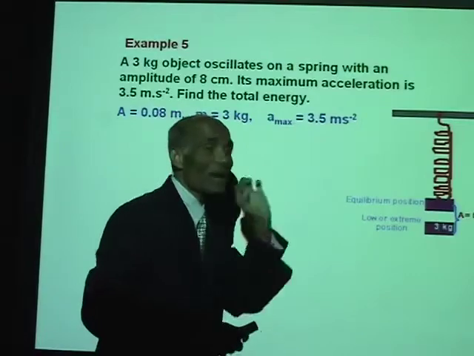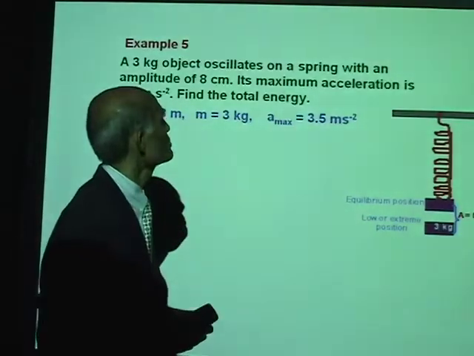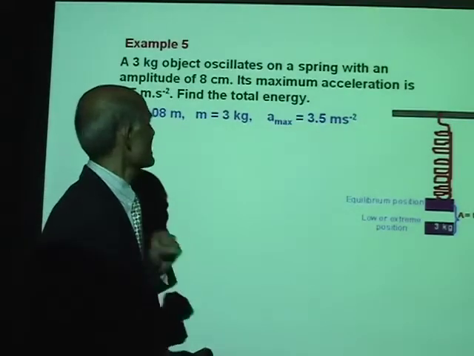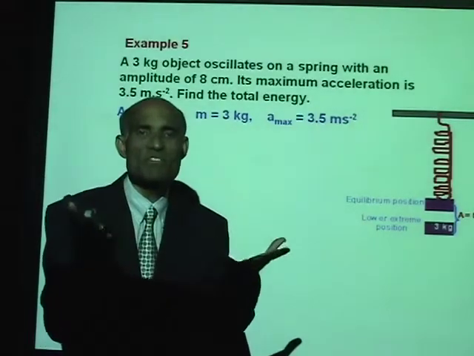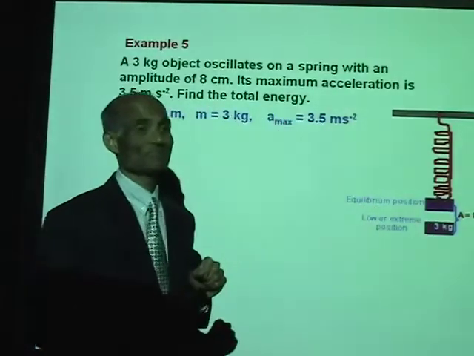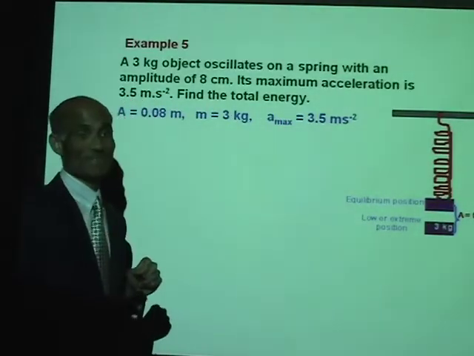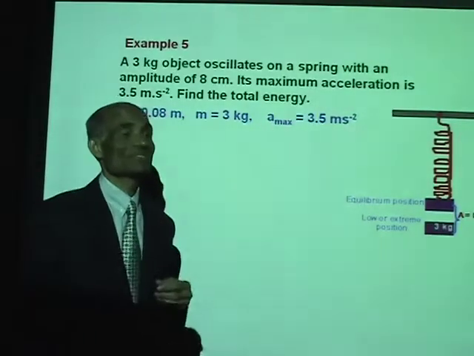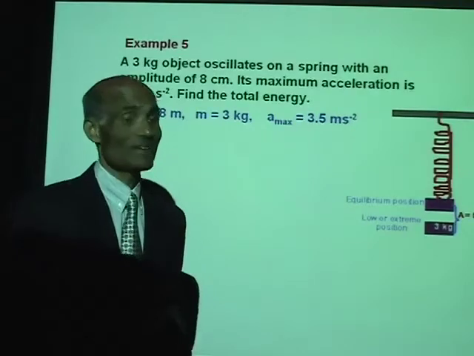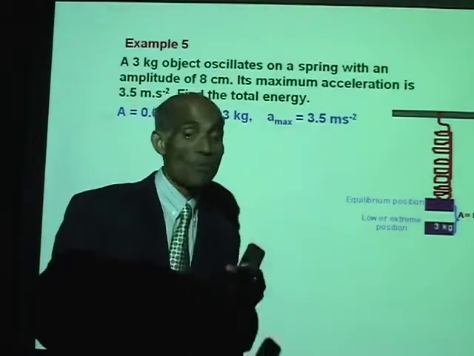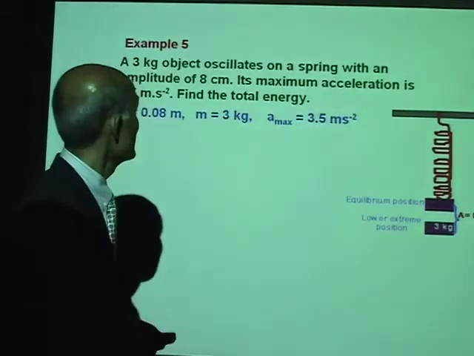A max, the maximum acceleration is 3.5 meters per second squared. All right. Can you tell me, is there enough information for you to find the value K of that spring? Anybody tell me what is the equation for A max? Well, A max is, yes, omega squared A. That's right.